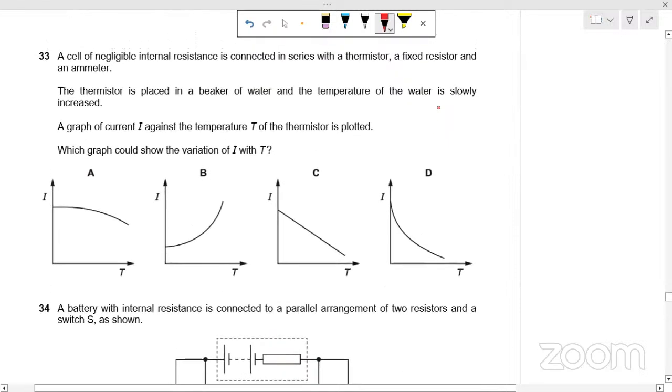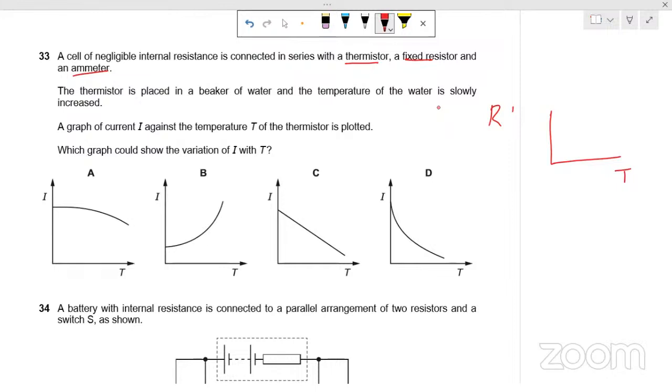A cell of negligible internal resistance is connected in series with a thermistor, a fixed resistor, and an ammeter. The thermistor is placed in a beaker of water and the temperature of the water is slowly increased. Okay. If temperature is increased, then the resistance of the thermistor will decrease.